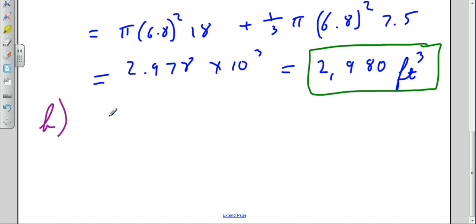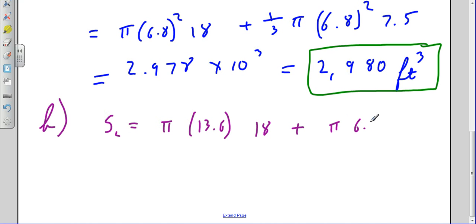So the lateral surface area should be the circumference of the circle, pi d, 13.6 times 18, plus the lateral surface area of the cone, which would be pi r, which would be 6.8 times s, where s is the square root of the height squared plus the radius squared of the cone.